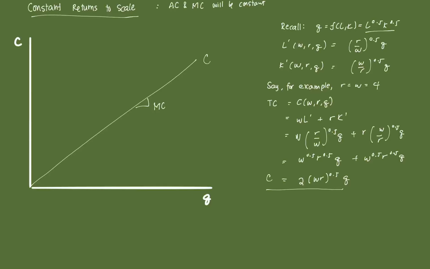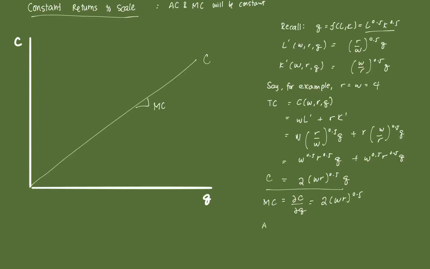If you derive the marginal cost function first, MC is just equal to the partial of the total cost function with respect to Q. We can just use a simple product rule. The derivative of this with respect to Q is just 2 (WR) raised to 0.5.